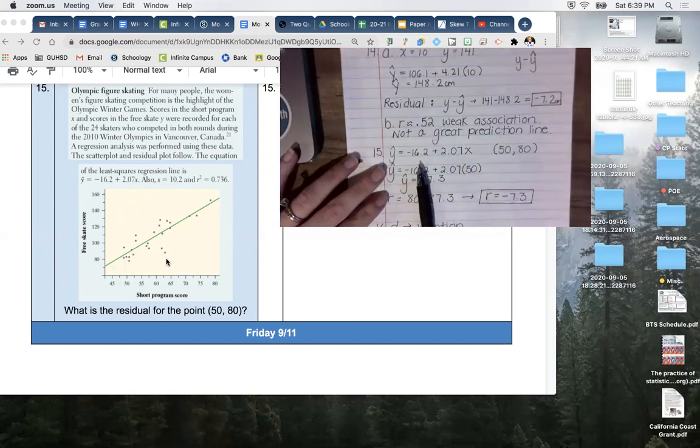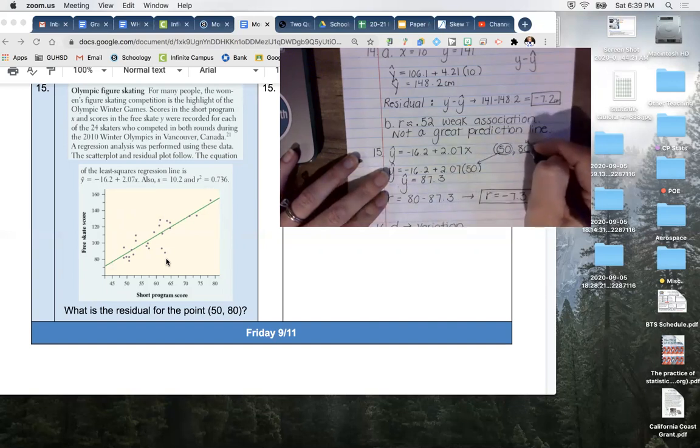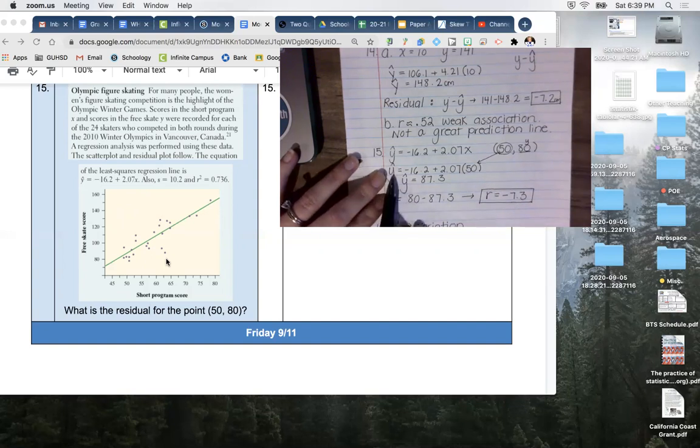But we don't even need to have that knowledge in order to get the residual. I already know that they're telling me that the Y value is 80. I have to plug in my X value of 50 into my Y hat. So I already know what my Y is. My actual is 80, but now I need to get my predicted to calculate a residual. So I put in the 50, and I end up with a Y value, a prediction of 87.3.